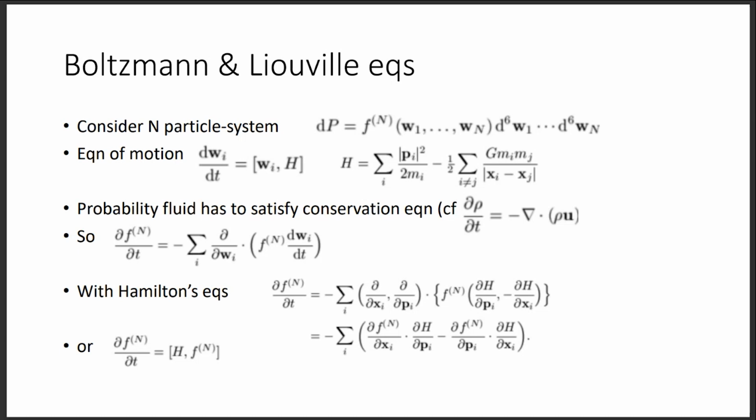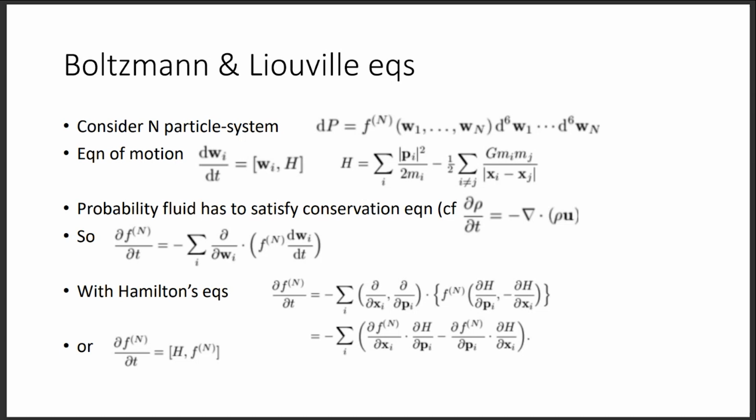And this probability fluid that is described by this has to satisfy a continuity equation, the 6N-dimensional analog of the three-dimensional one. So f is going to be replaced by this. This gradient operator is going to be replaced by the derivatives with respect to position, comma, the derivatives with respect to momentum. And then we're going to have rho times the rate of change of position.